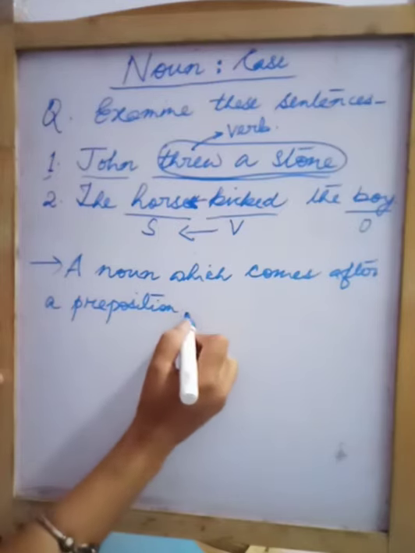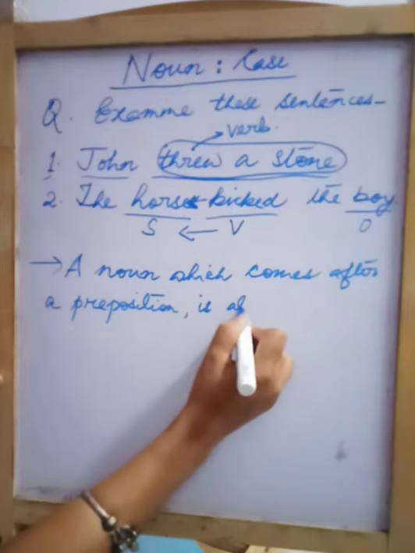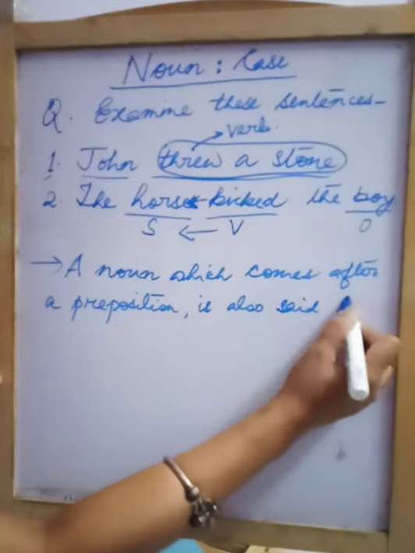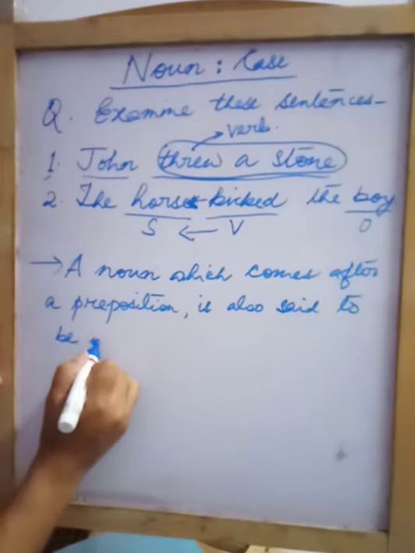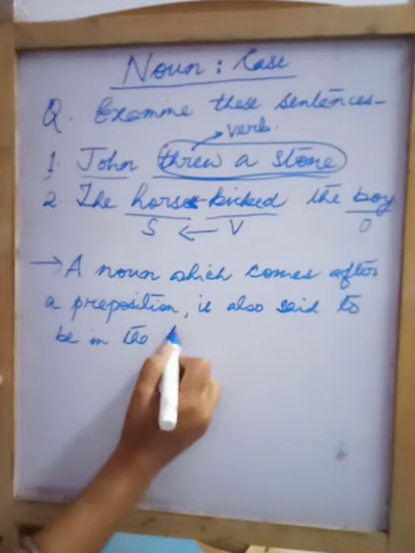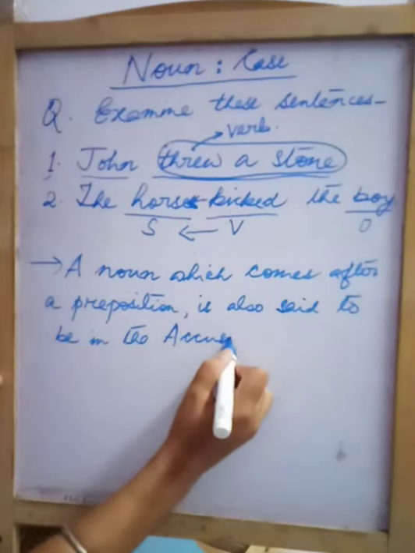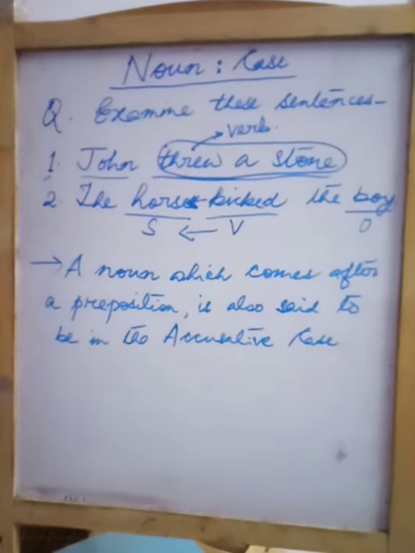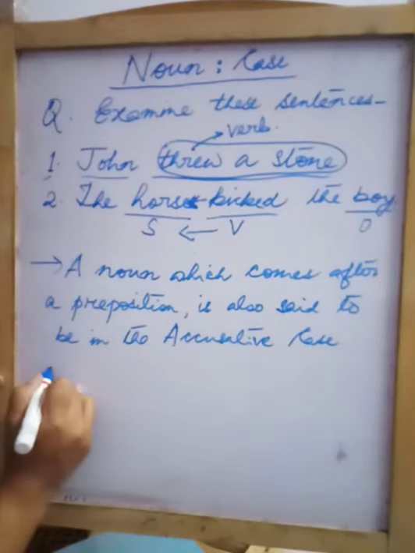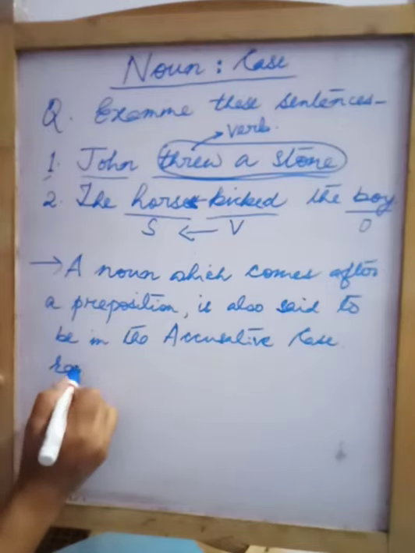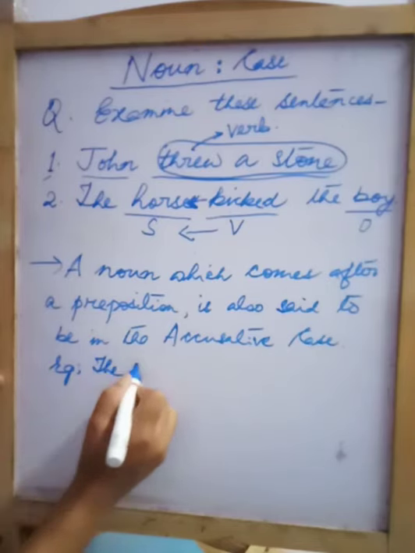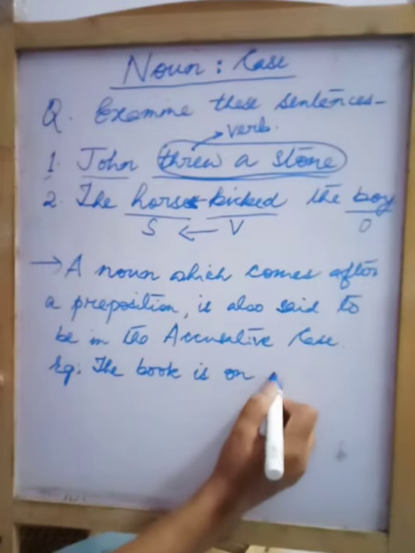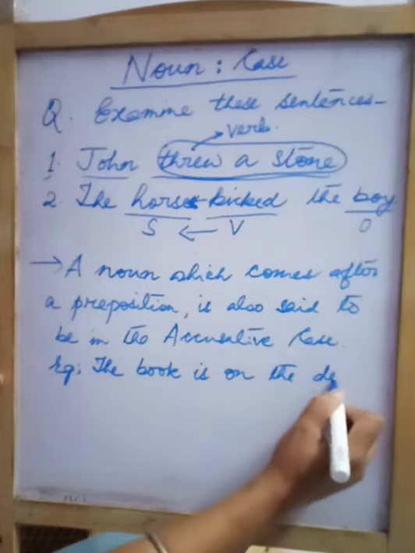A noun which comes after a preposition is also said to be in the accusative or objective case. Right, now let's see an example. The book is on the desk.